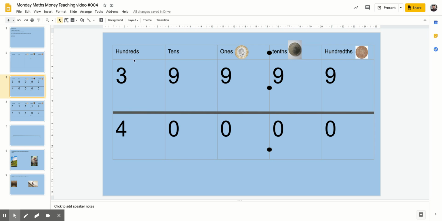Because in this case, it doesn't matter that the 300 has got £99 and 99 pence and the 400 hasn't, because it's still worth less than the £400 because it hasn't got as many hundreds, because the hundreds are worth the most.